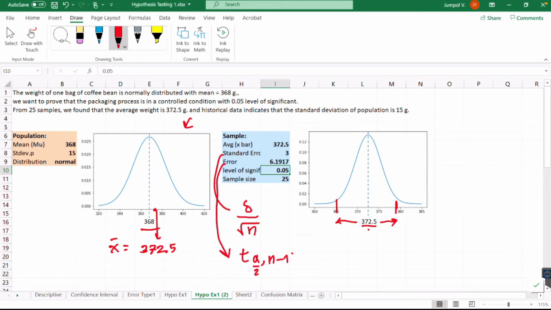Okay, so the standard error is about 6.2.